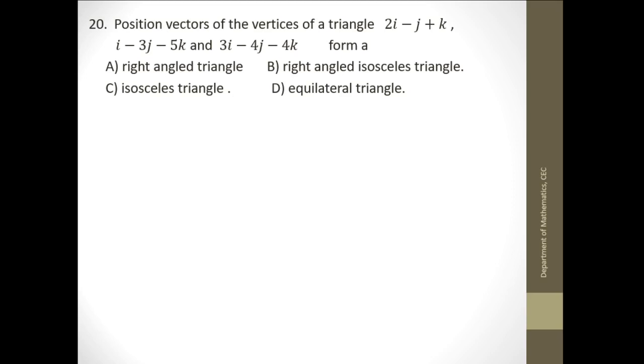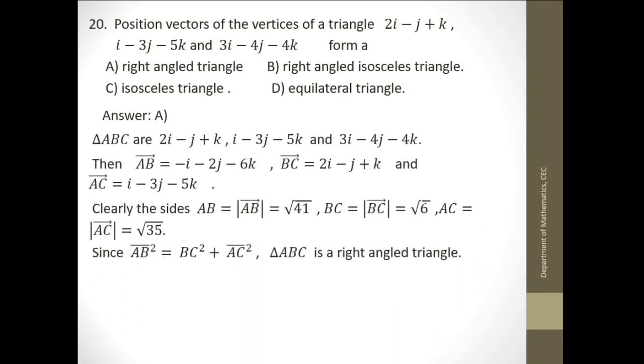Now vector AB is nothing but position vector of B minus position vector of A. Therefore, to find the vector AB, B minus A, it becomes 1 minus 2, that is minus 1i, minus 3 minus minus 1, that is minus 2j, and minus 5 minus 1, that is minus 6k.